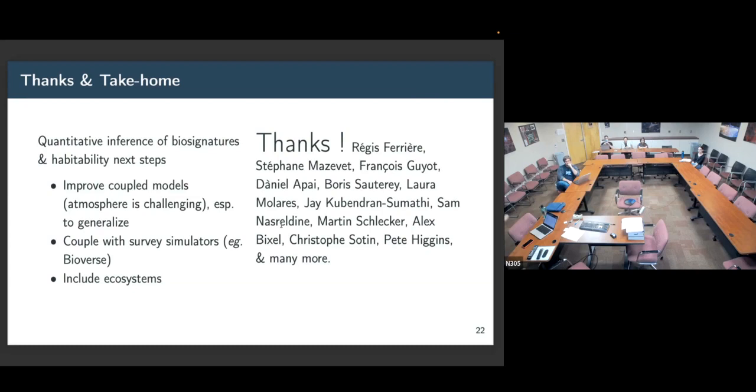Also, those results about this hypothesis testing could be coupled with survey simulators, such as those used by Martin and Daniel. And of course, right now, I've only talked about completely abiotic things on exoplanets, but we would like to put ecosystems in those oceans and look at actual predicted biosignatures for those. And yeah, thank you.